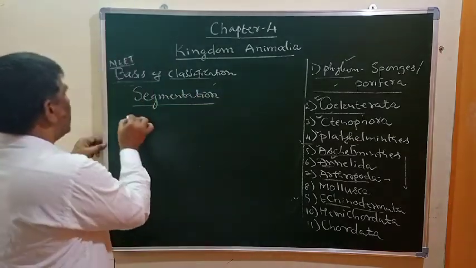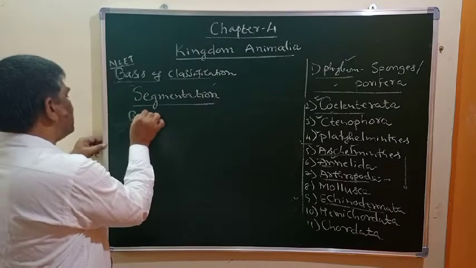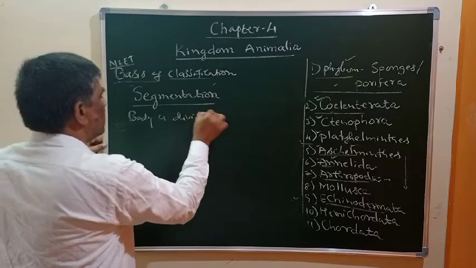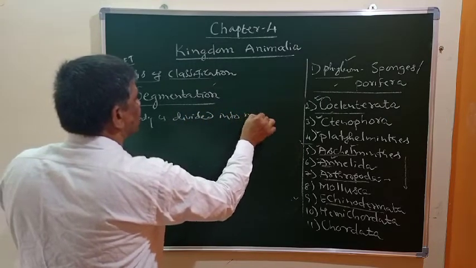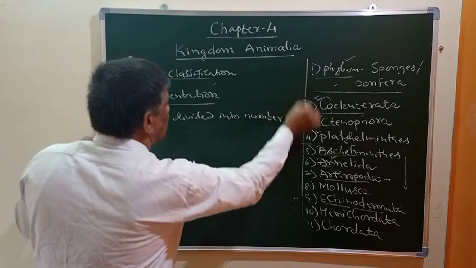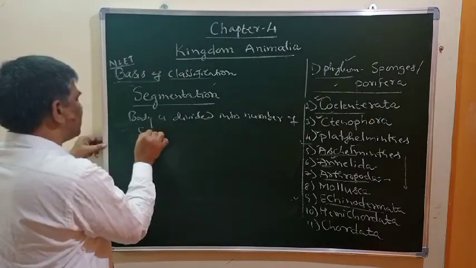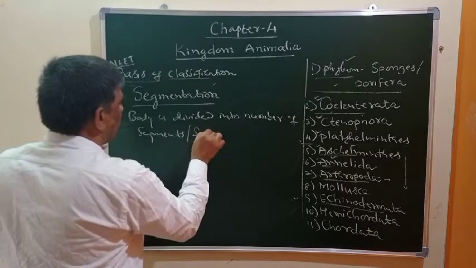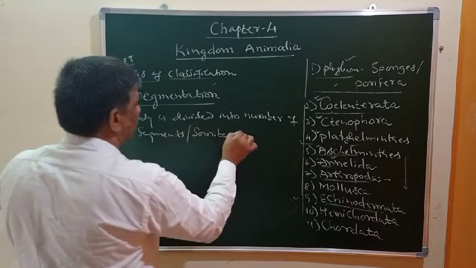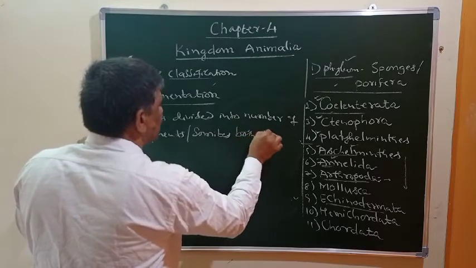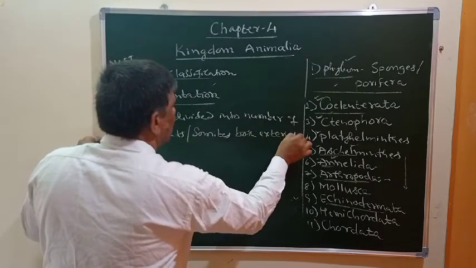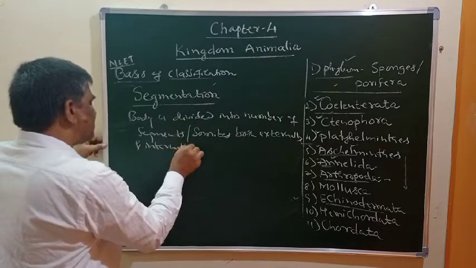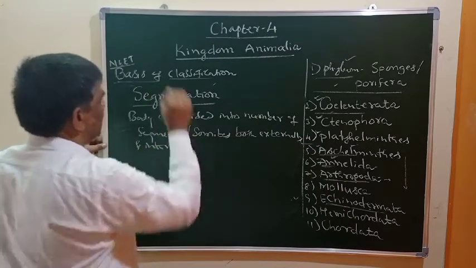Here the animal body can be divided into a number of segments, or somites, both externally and internally. This is very, very important. Both externally and internally is called segmentation.